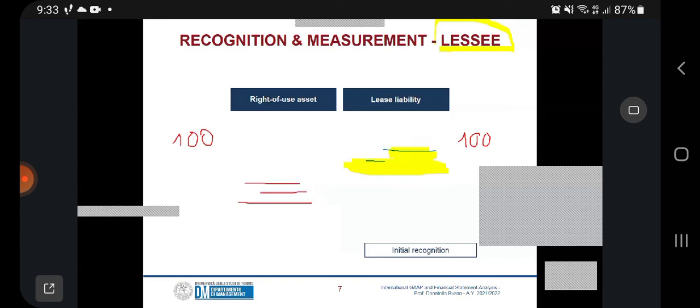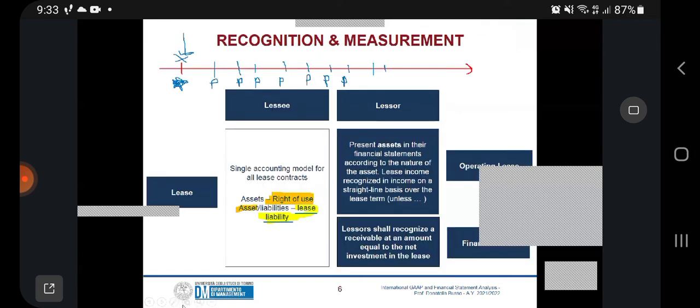Okay? In our case, if you pay an upfront payment at the beginning, at the commencement date, you do not include the upfront payment in the lease liability. You do not include it simply because it's not a future payment. You have already paid it.